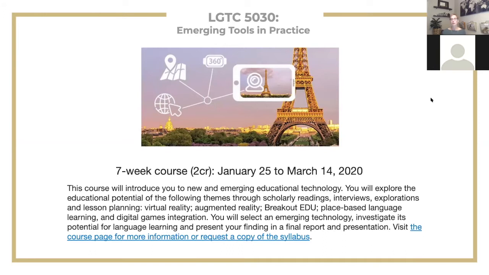The emerging tools in practice counts as one of the requirements. It's a perfectly fine course to start the certificate with. It's a 7-week course. It used to be an 8-week course, and I cut down the last week and redistributed the content. So we'll start January 25th and we'll go until March 14th.